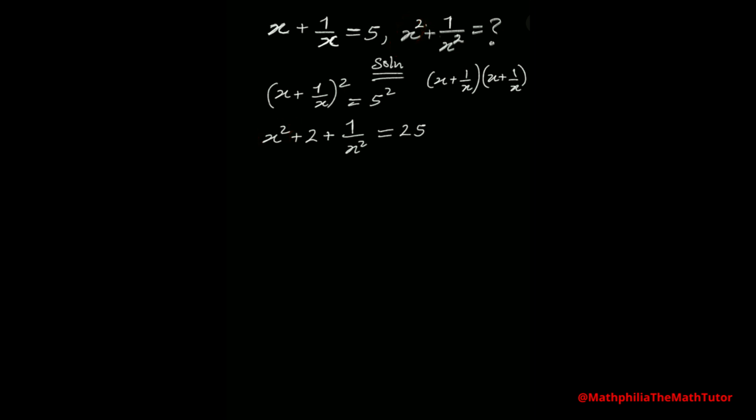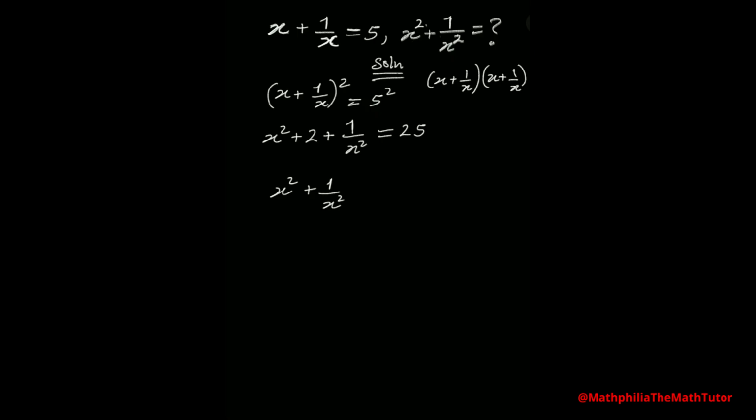From here, we begin to see something similar, right? Some common terms: x squared plus 1 over x squared is common to both. Let's try to leave these two terms aside. Let's send 2 to the right hand side so that we are remaining with x squared plus 1 over x squared at the left hand side.